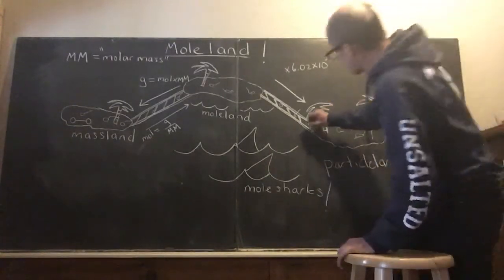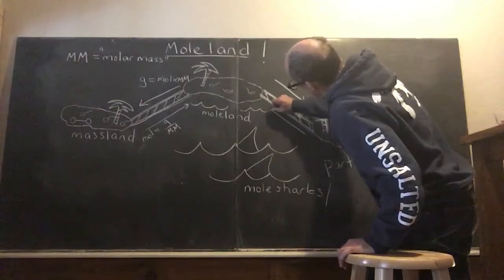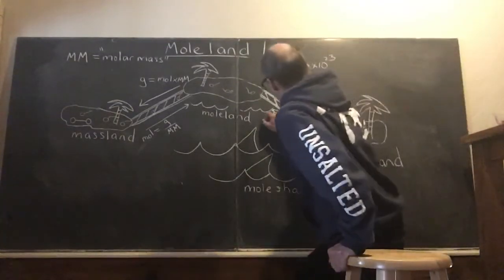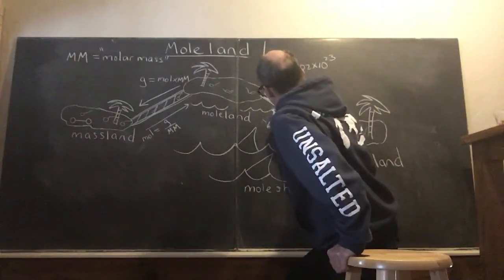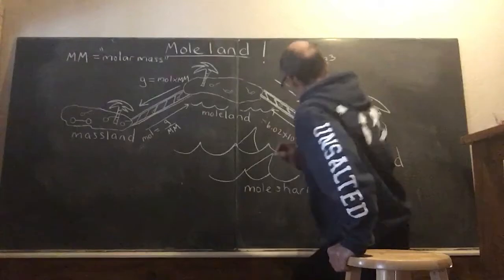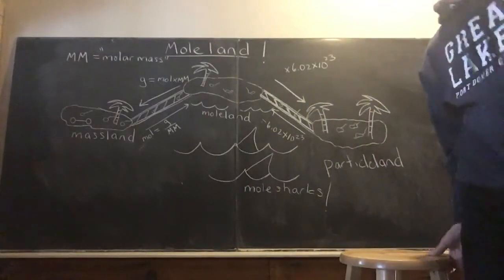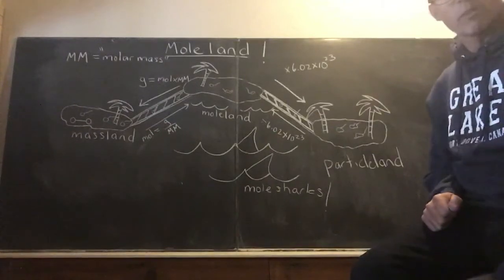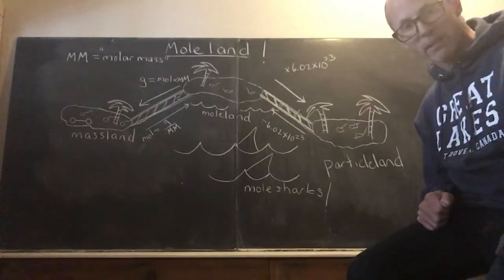And of course, you might be thinking that if they go the opposite way, from Particle Land to Moleland, then they must divide by Avogadro's number. So there you have it. We've got Moleland in the middle, and we've got the gram island and Particle Land.